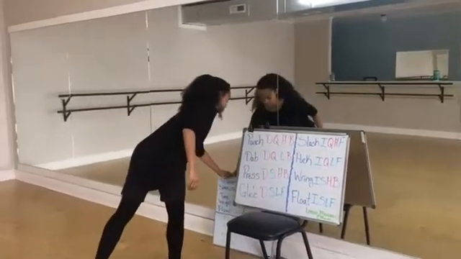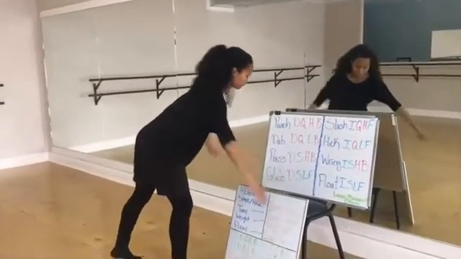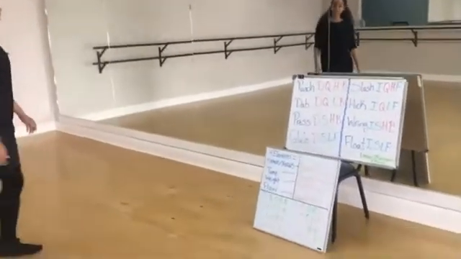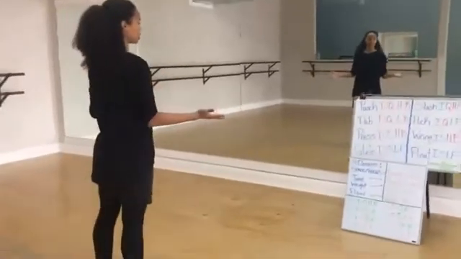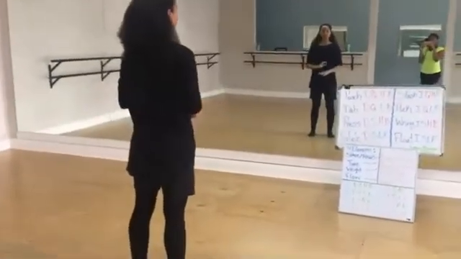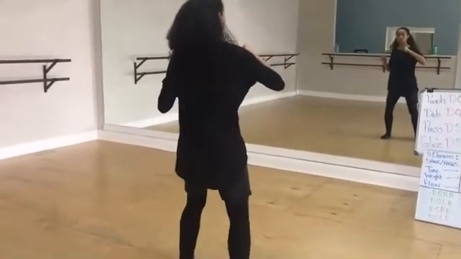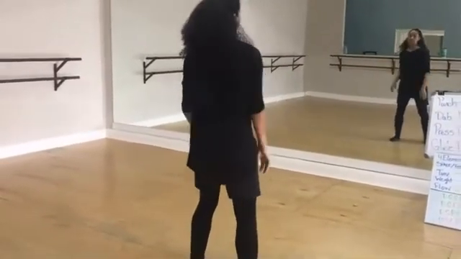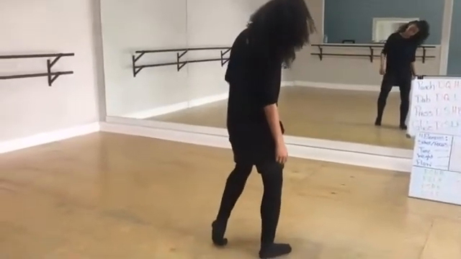So let me put this board here. And mainly, just take a look. You can see with your body, you can move through space using, let's say, punch. You don't have to just do a punch, but punch can be with your foot or any part of your body.